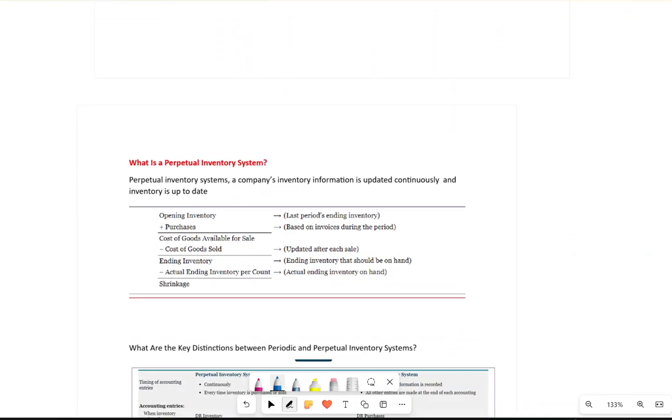Now if the company is using a perpetual inventory system, what happens is your inventory gets updated automatically when we sell a product. So it says perpetual inventory system, a company's inventory information is updated continuously. Continuously means every time you sell, the inventory gets updated.